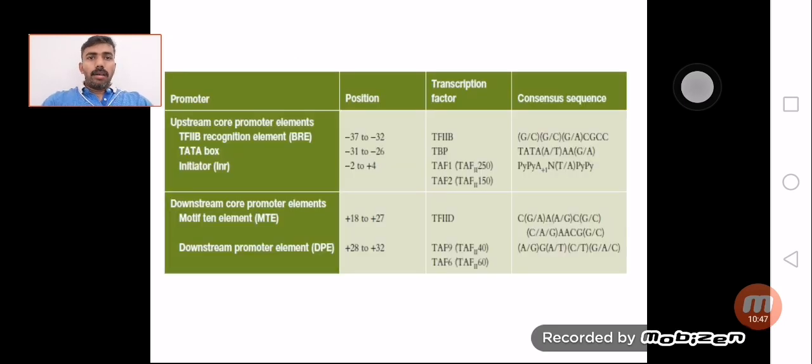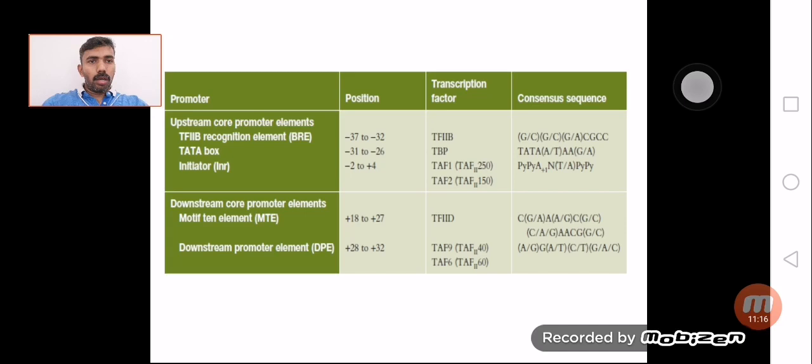So there are sequences in the upstream site and also in the downstream site. That means you can see certain sequences in the upstream. They include the TATA box, the BRE sequence, and also the initiator sequences. There are downstream sequences like the MTE element, or the motif ten element, and then also the DPE, that means the downstream promoter element.